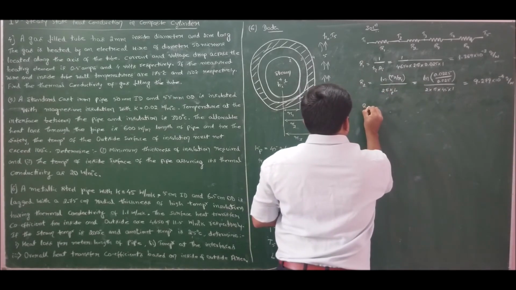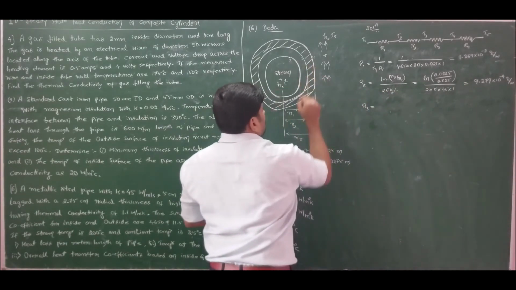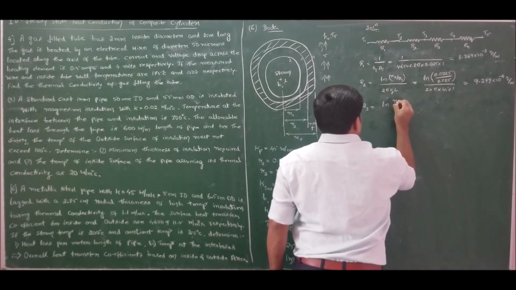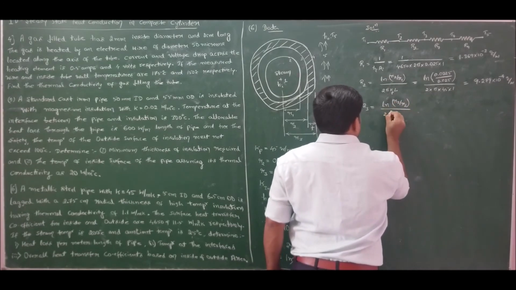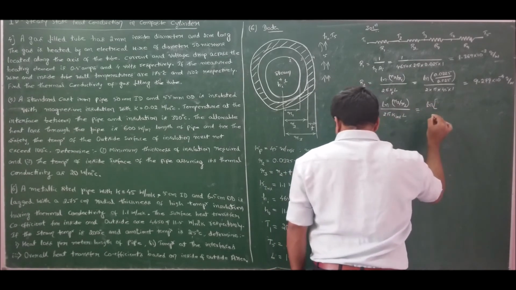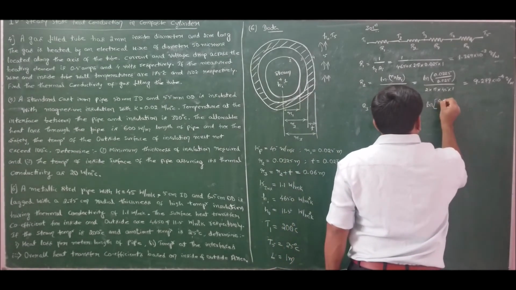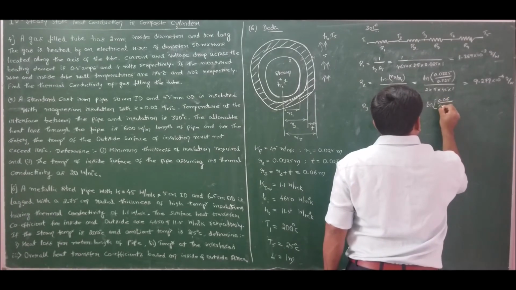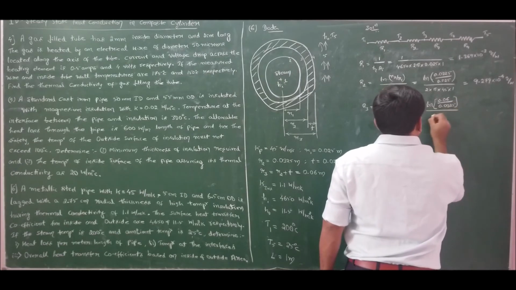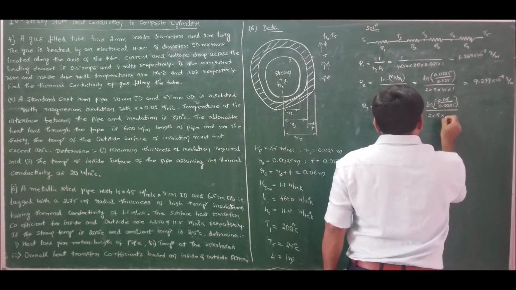Moving for R3, R3 is also because of conduction by insulation. Formula is ln of R3 by R2 divided by 2 pi K insulation L, which is equal to ln of R3, which is 0.06, divided by R2, which is 0.0325, whole divided by 2 into pi.